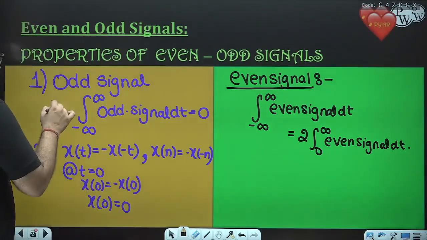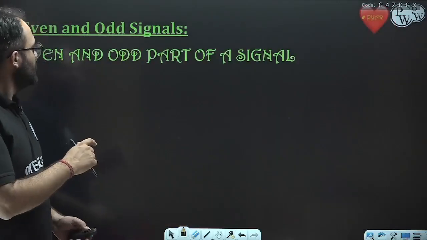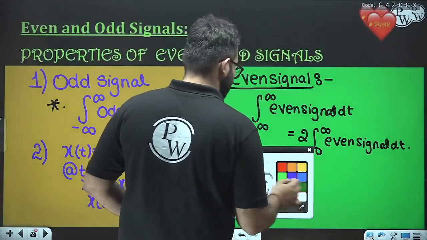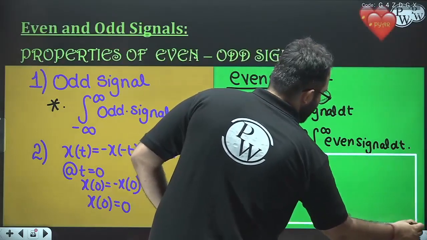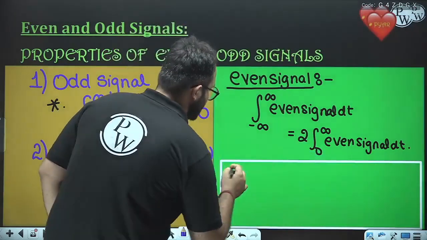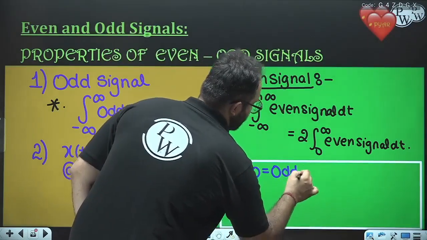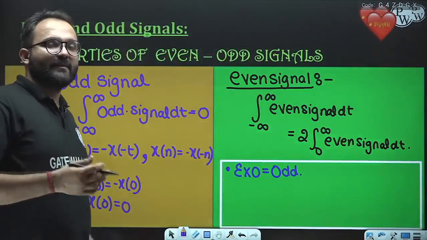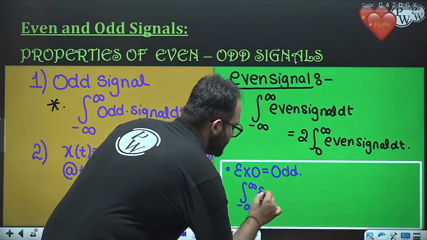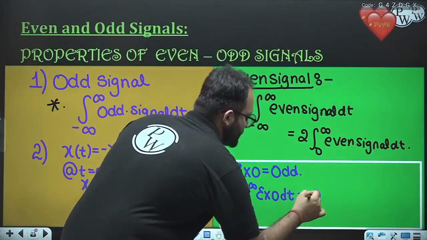This property is very useful, and it will give us one very important result. I am writing it here itself, there is space available. As we know, even signal multiplied by odd signal is equal to odd signal. We have seen this property in the last slide. So if we integrate from minus infinity to infinity the even signal multiplied by the odd signal dt, this will give us 0.